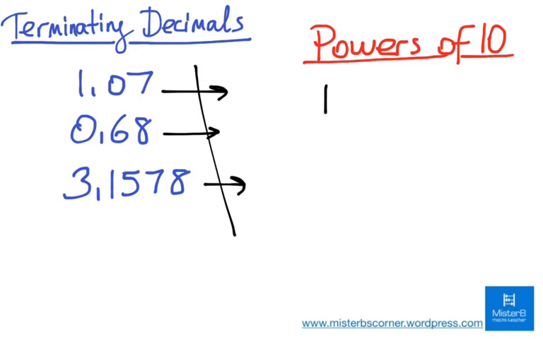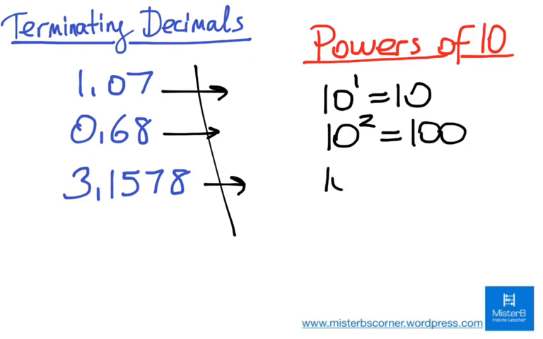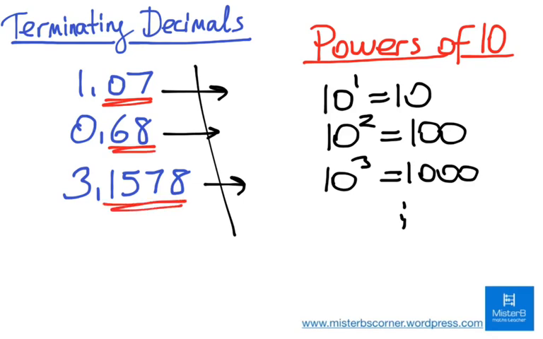That is, 10 to the power of 1 is 10, 10 to the power of 2, 10 squared is 100, 10 cubed is 1000, and so on. Now you're going to get the idea of which power of 10 you're going to be using from the number of digits in the decimal part.